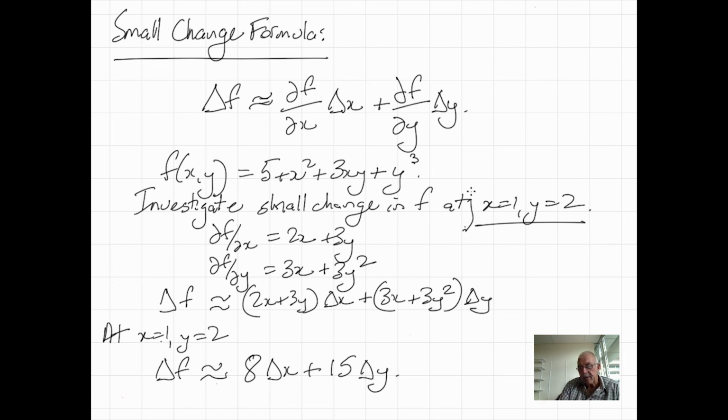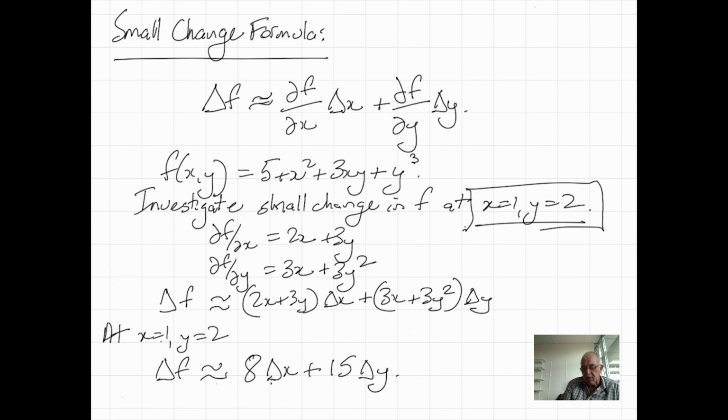So at this point, when x equals 1 and y equals 2, any change in the function can be approximately calculated by doing 8 times the small change in x plus 15 times the small change in y.